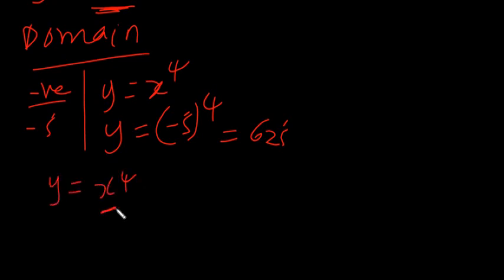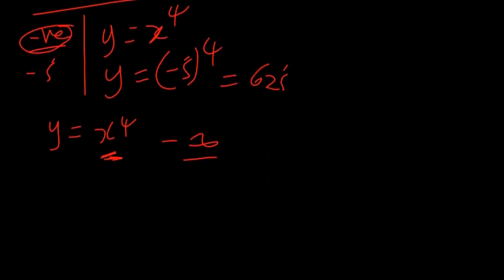This x can be any number in infinity, negative 1000, negative 10 million. You'll find that this x can be any number and still the y value is defined, or it is real. Thus the domain on the negative side will have negative infinity, any number.